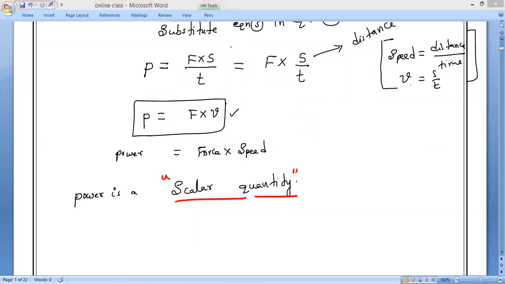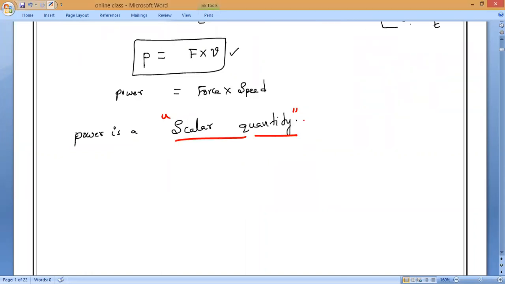Mitakshri, Abhirami, Arun, respond. Arun, don't be silent and don't simply make me angry. We all know it has only magnitude. Yes, it has only magnitude, or as Abhirami said, no direction.